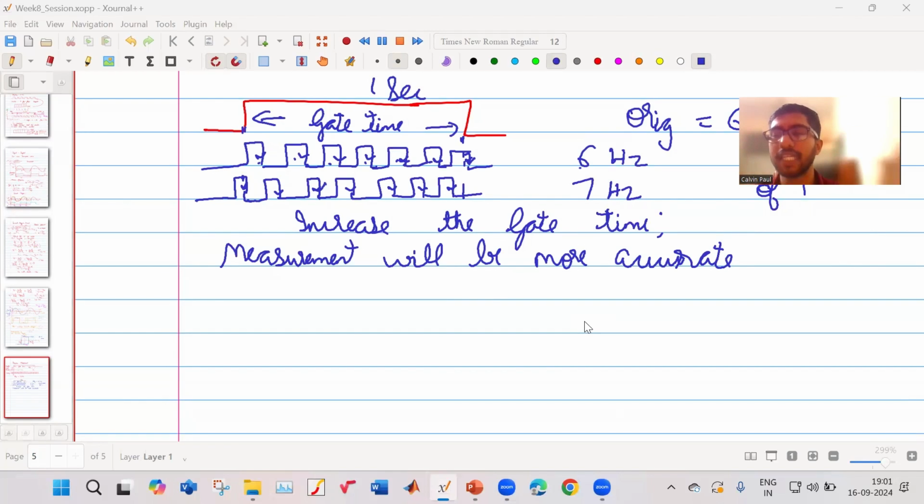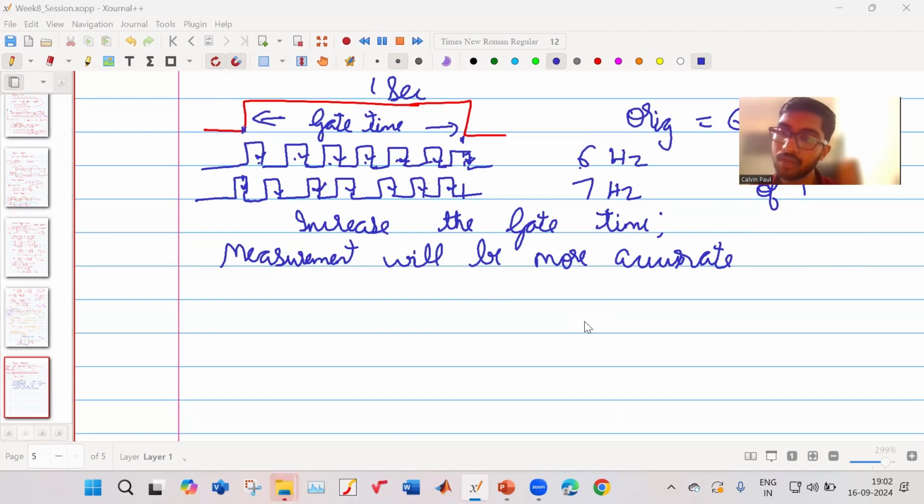You make the gate time very high, 1 minute, let us say. Then you will wait for 1 minute. Then you have to see what is the counter value. And then you may have to do some post-processing. And then you will see the output showing that, yes, the frequency is 6.5 hertz, but that is taking a lot of time.